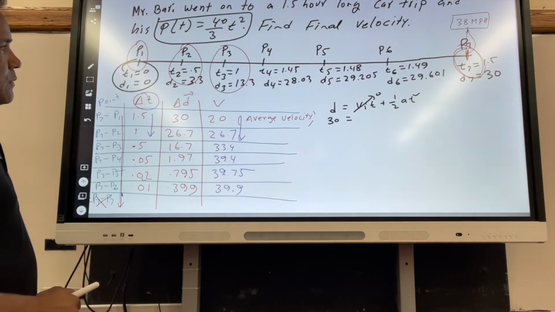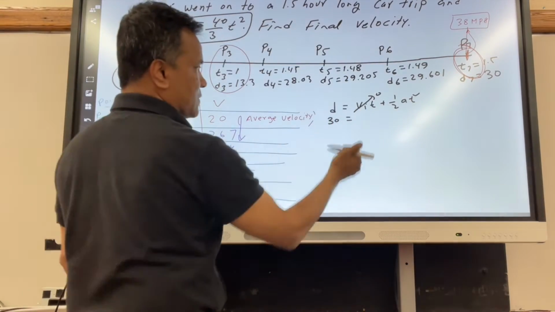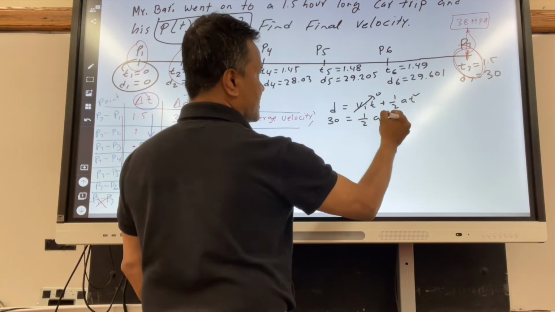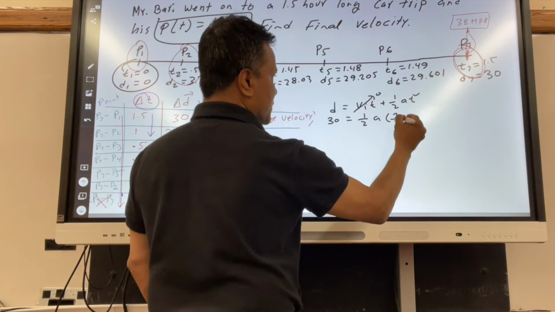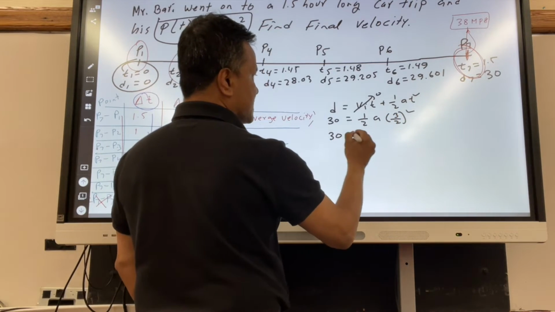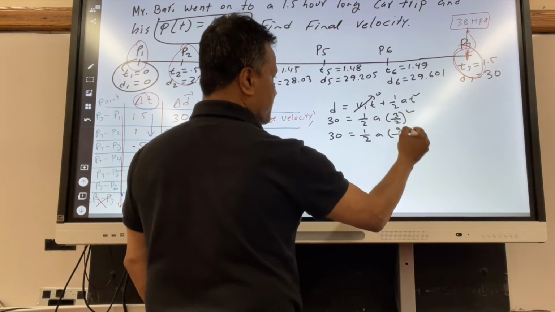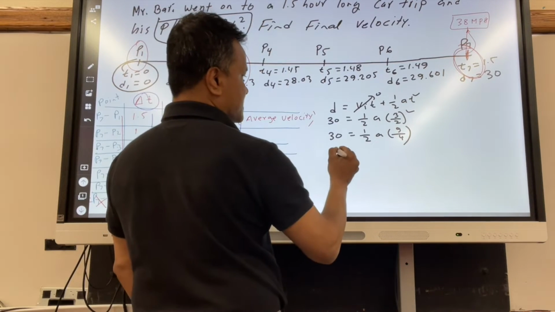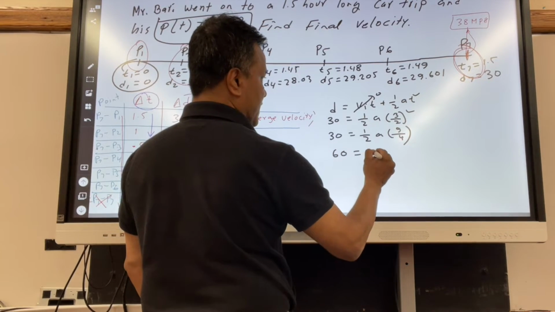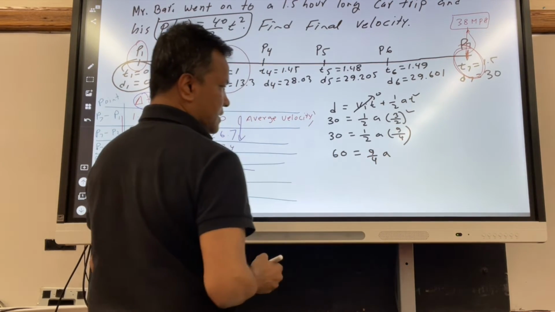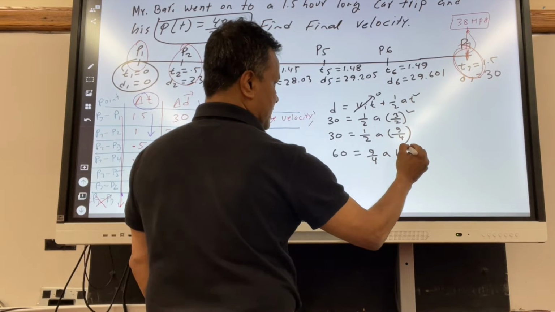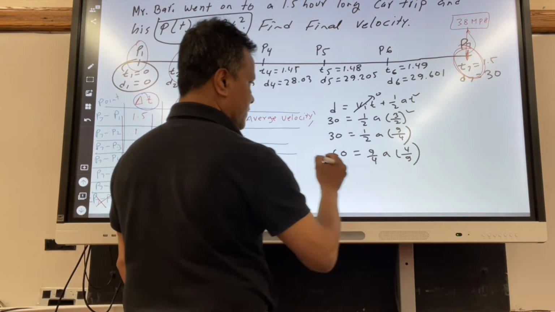All right, so the v_i is 0, so that's why this is 0. Half a, 3 over 2 squared. So you have 30 is equal to half a times 9 over 4. Okay, so you have 60 is equal to 9 over 4 a. So 4 over 9, 4 over 9.